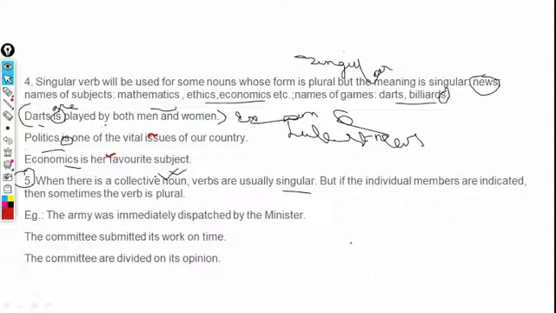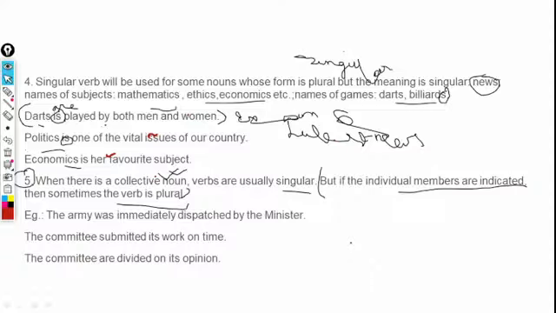But there is a small exception: you have to pay attention to the meaning also. If the meaning gives you the idea of the individuals, then our verb is plural. I have given three examples and that will show you properly.